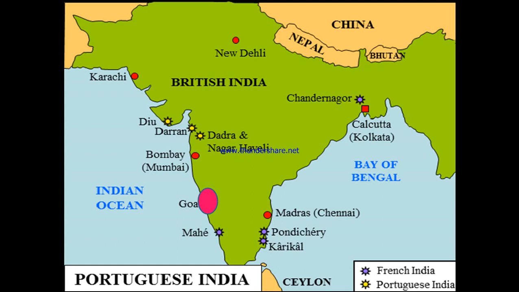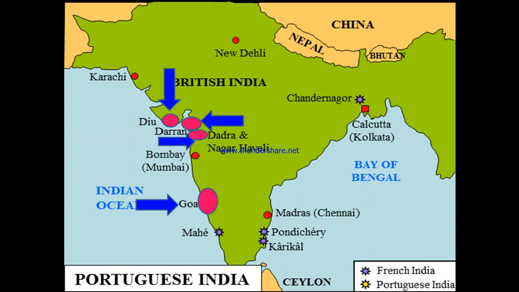Portuguese traders established their first trade center at Goa, the second trade center at Dadra Nagar Haveli, the third trade center at Daman, and the fourth trade center at Diu. Like that, these Portuguese traders established their trading centers on the west coast.